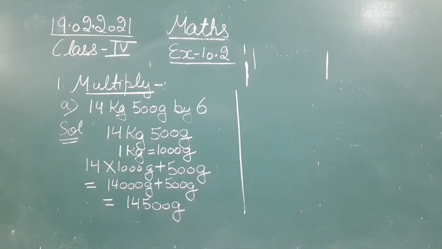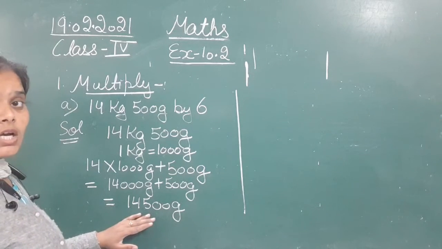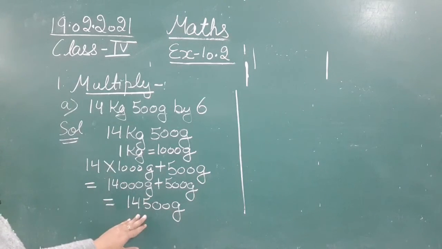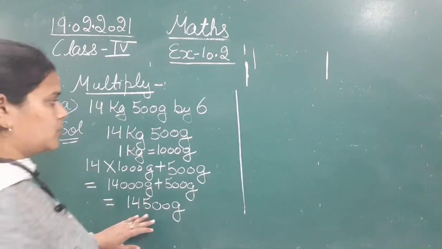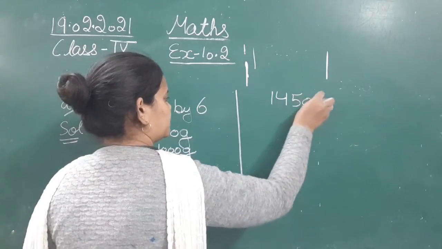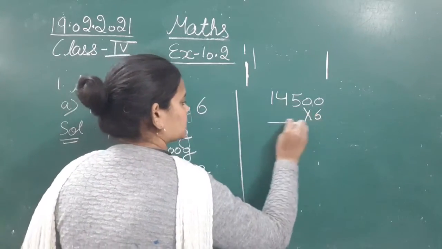Now we will do the simple multiplication. After conversion, we are going to use this converted unit for the multiplication. 14,500 gram multiplied by 6, the question was 6.